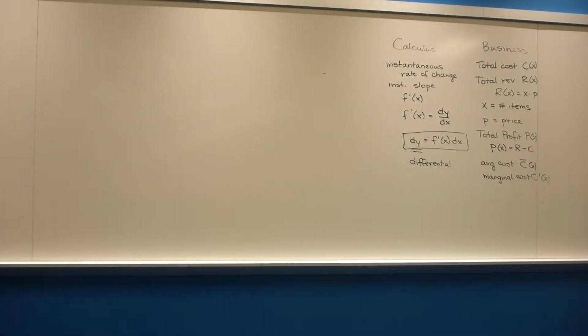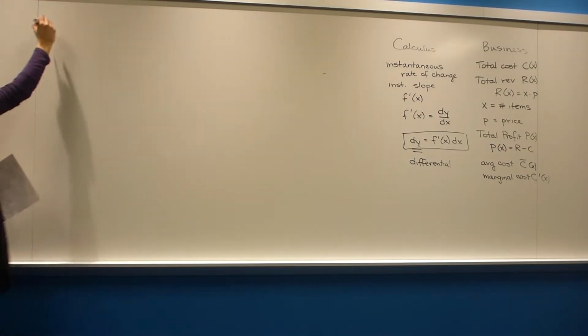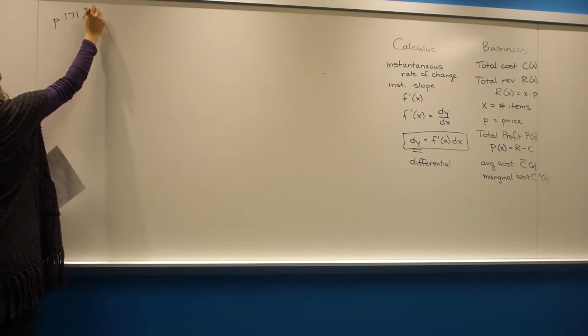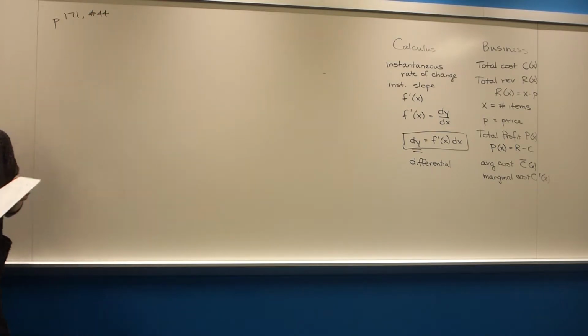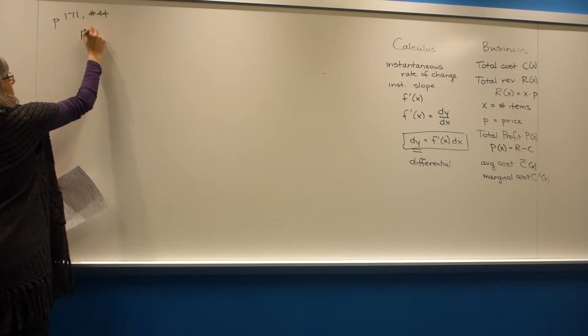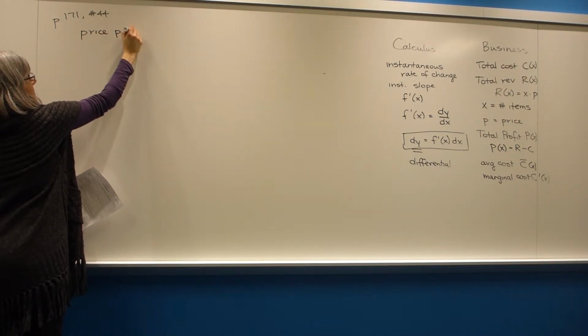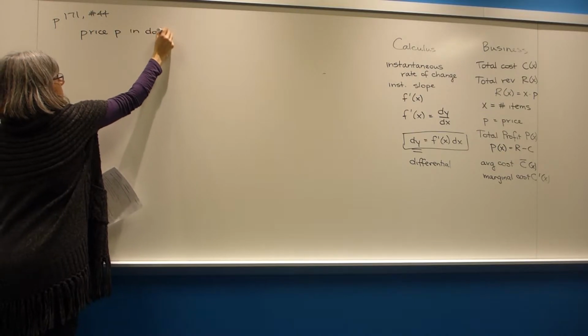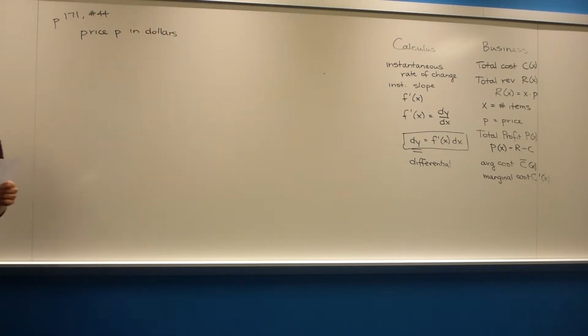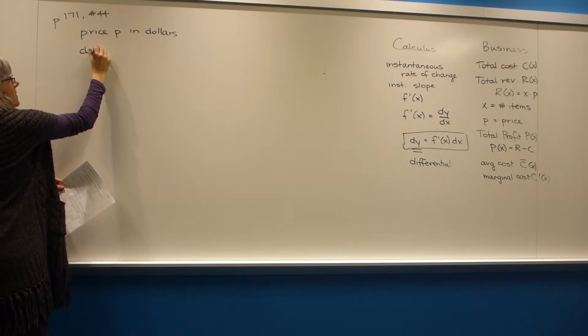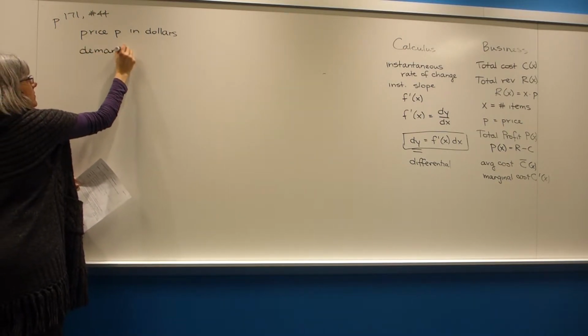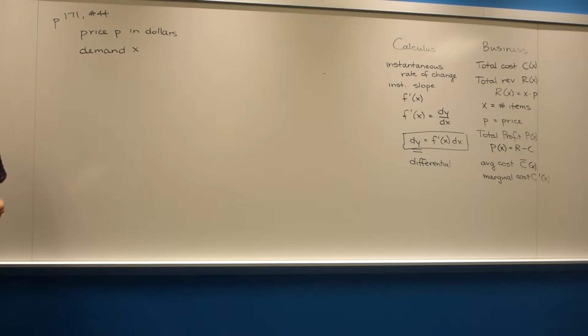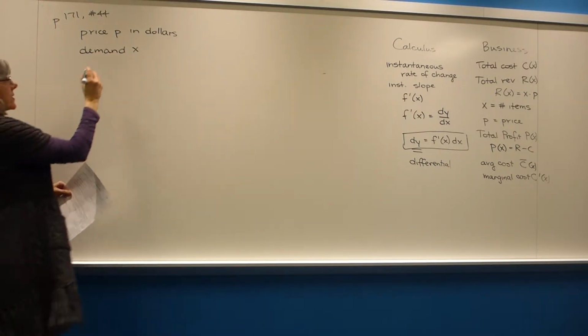All right, this one is page 171, number 44. The price P in dollars and the demand X for a steam iron, ooh, very exciting, steam irons, is related by this.